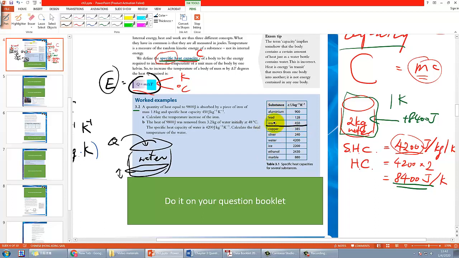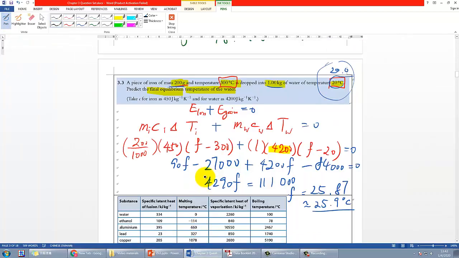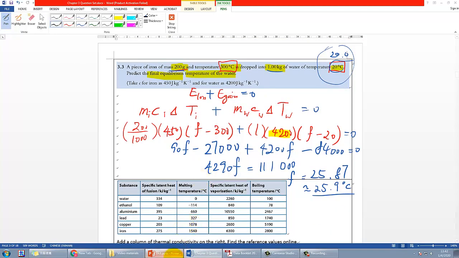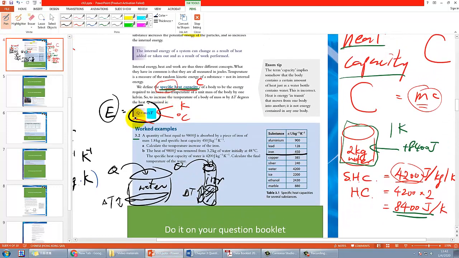While iron or some other metals, which are usually quite low in specific heat capacity, will look like a narrow bucket, where if you pour the water into it, the height increases much more, and the height simply means the delta T. I hope that gives you an analogy of how it looks. Okay, so this is the basic use of the equation here.